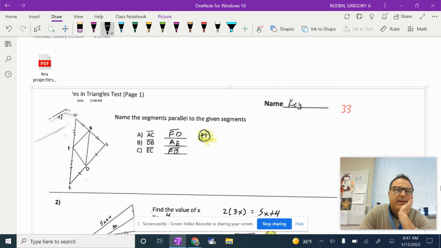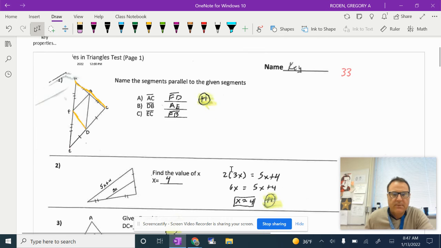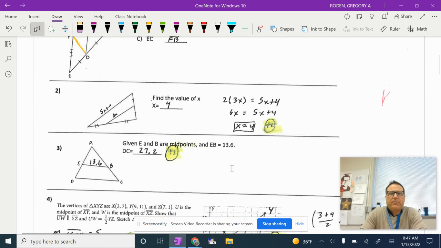Well, AC is right here. So FD, since it's the mid-segment, would be parallel. So those would be parallel. Likewise, we just go through, and most of you did a really nice job on that, so I don't think I need to talk too much about it. So that's how I got the first one, and the other ones just follow that same mid-segment opposite side rule.